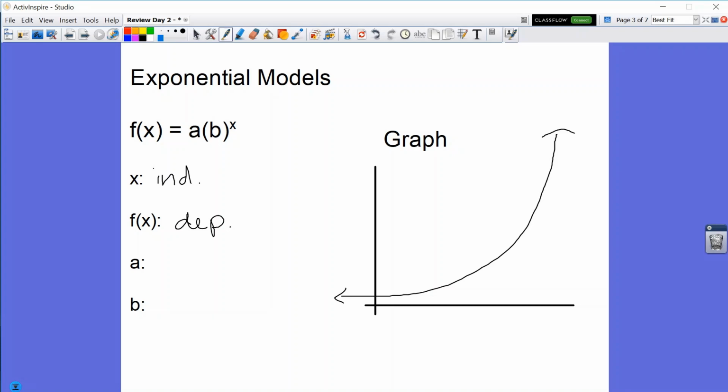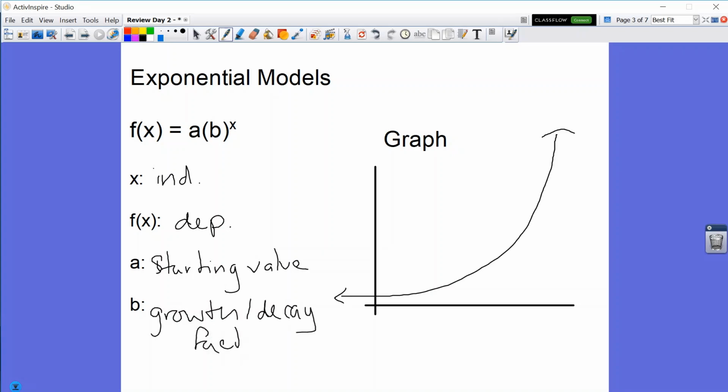Our a value is our starting value, or our initial amount, I guess is what we called it. And then our b value is our growth or decay factor. That's just telling us what we're multiplying by each time.